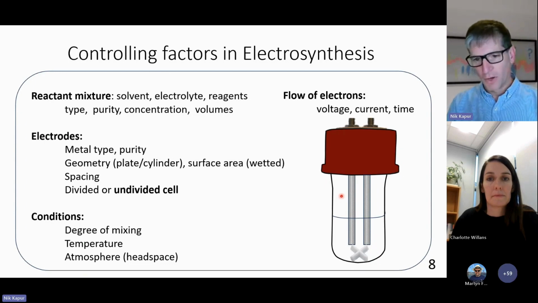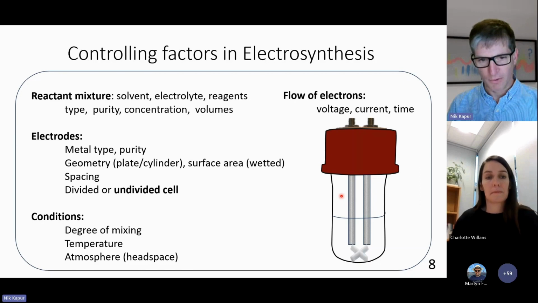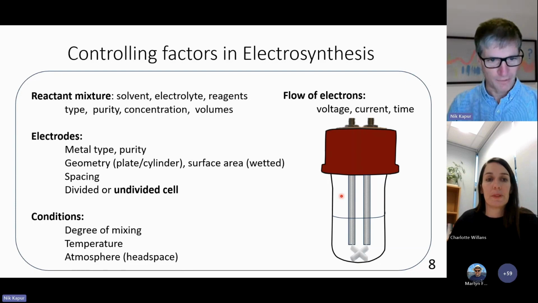So although the technology looks really straightforward, and in many ways it is very easy to use, with the Electro React platform we've tried to design in a guarantee of some of these parameters inherently within the system, so you're not trying to control them every time.